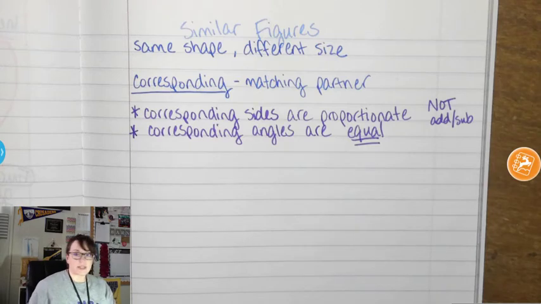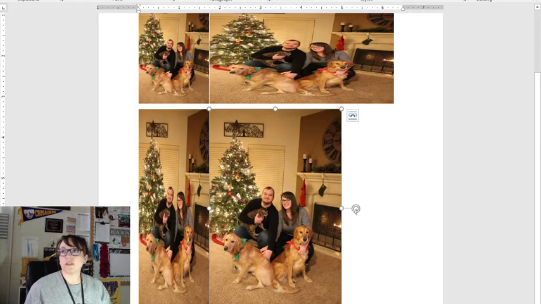Which is really easy with a rectangle. I'm going to cover it up again. These are rectangles. It's all 90 degrees. But the sides are what I would have to check here. So you have to check both. Because even though all of these are 90 degrees, this is definitely not a good representation of this picture.